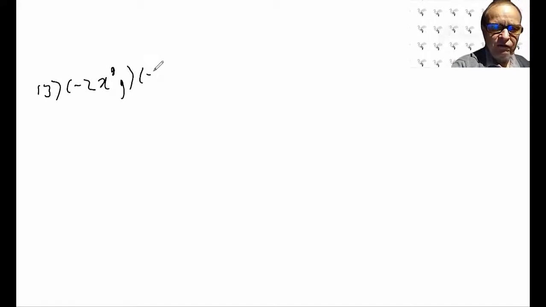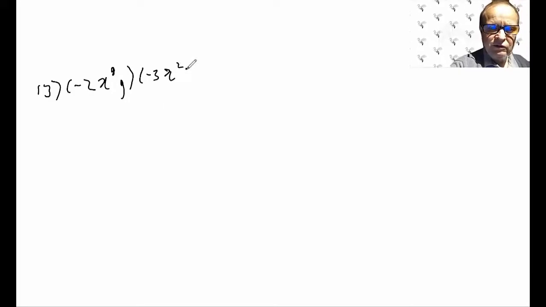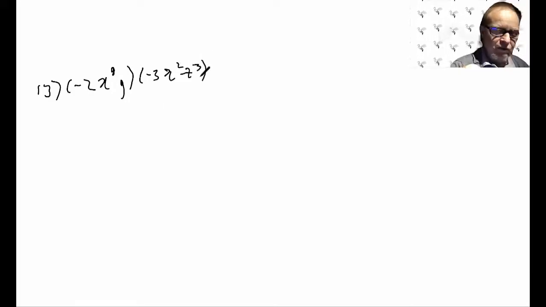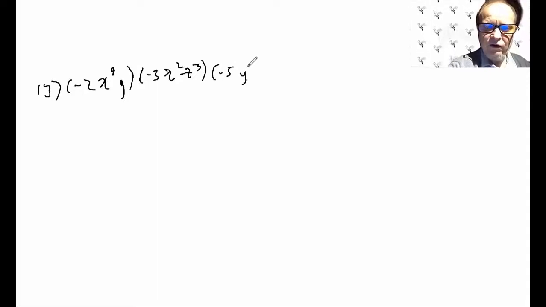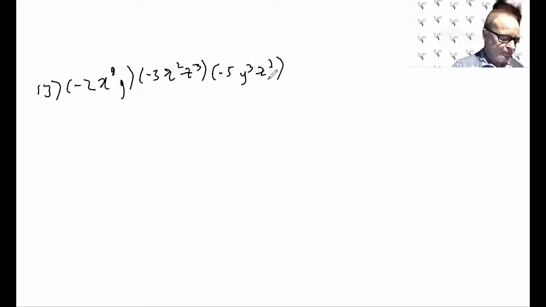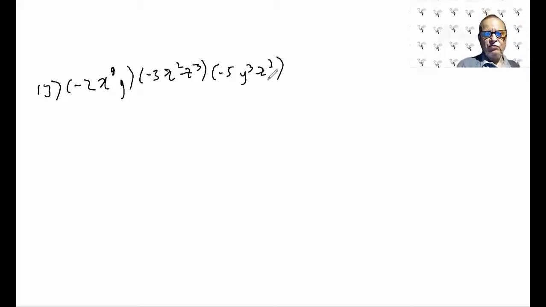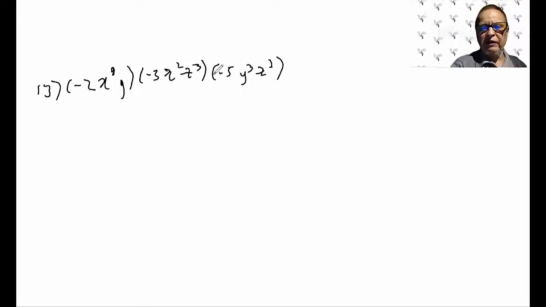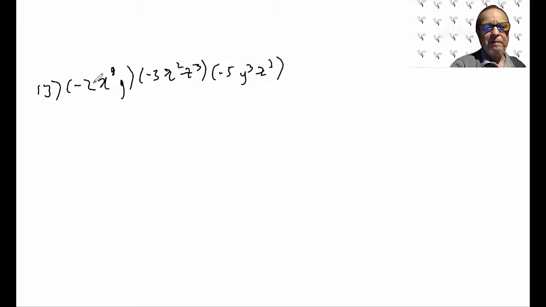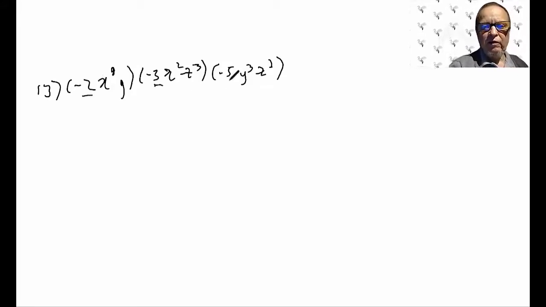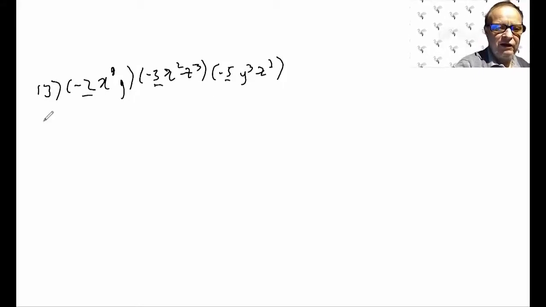We have negative 3, x squared, z to the third. We have negative 5, y cubed, z to the 7th. And what I'm going to do, as usual, even though we have 3 different monomials, I'm going to take all my number terms and put that again in one bracket.